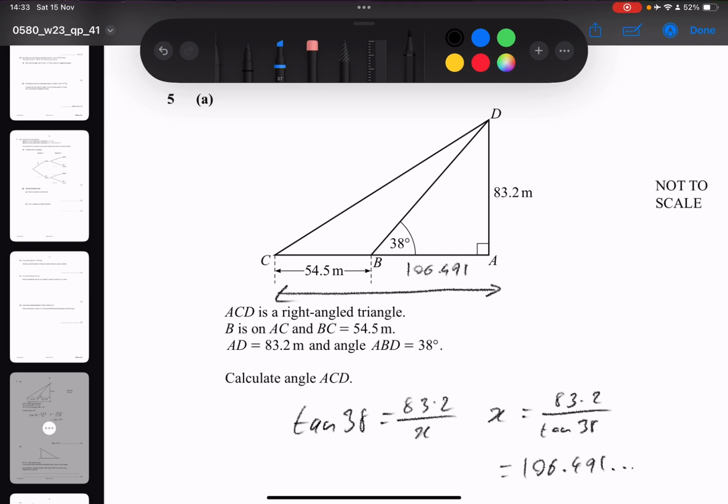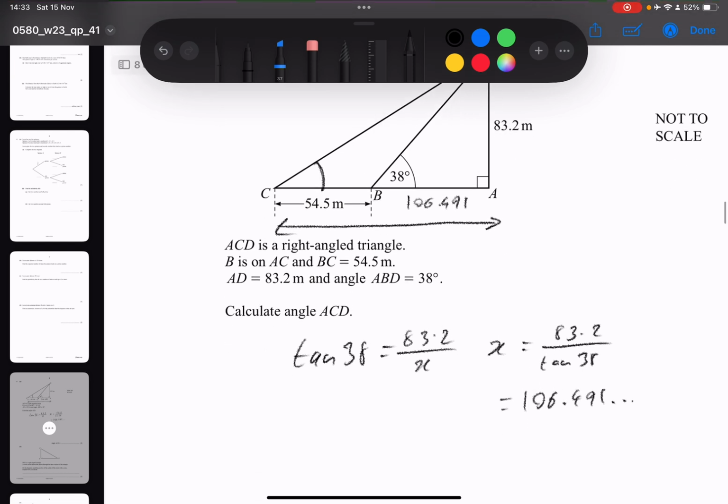Having those two sides, I can find the angle, again using tan. So what I've got is a larger triangle, and it's this side here, 83.2, and the base is just 106.491 plus 54.5. Much, much easier. So the total distance across the bottom is 160.991.